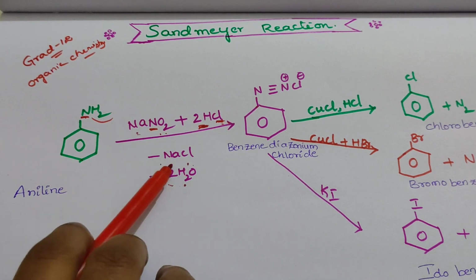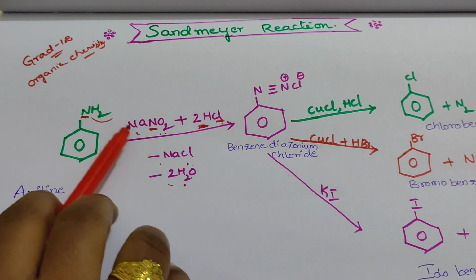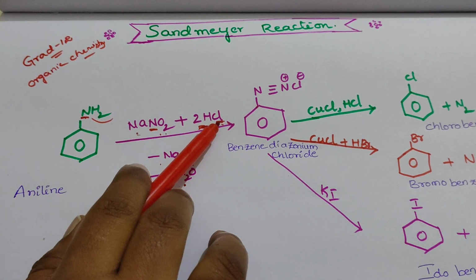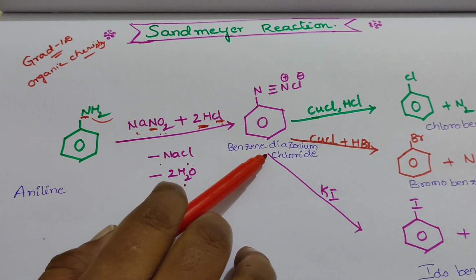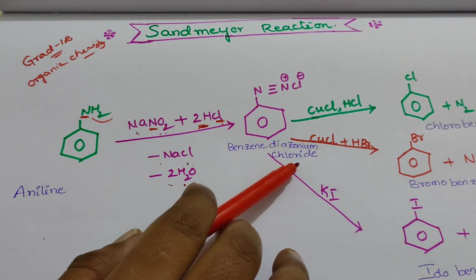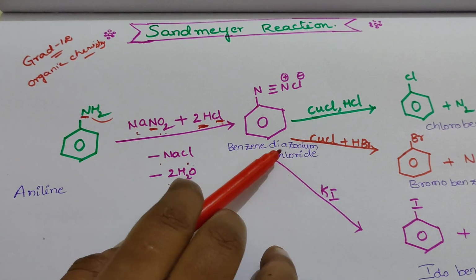The remaining nitrogen atoms and chlorine atom are in the form of benzene diazonium chloride. Benzene diazonium chloride will be formed.